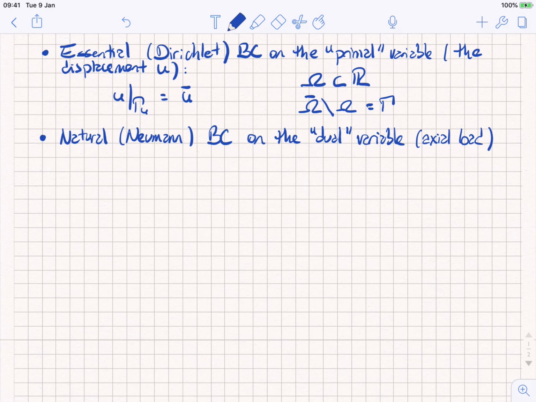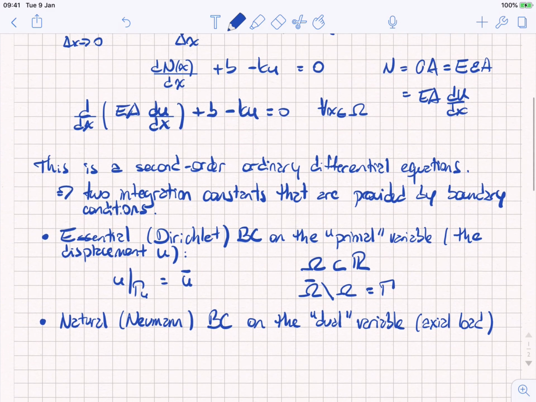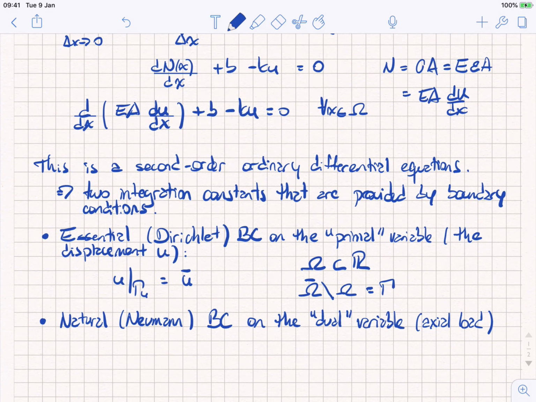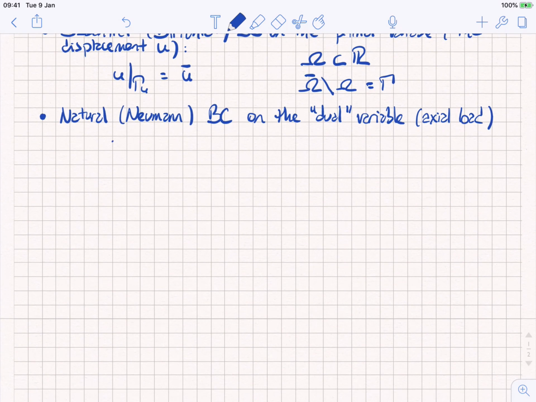The way we usually denote this: the force is EA du/dx. So what we're doing is prescribing EA du/dx at the part of the boundary gamma t, the symbol we use to denote the part of the boundary where you are applying the natural boundary condition. And this is equal to some value that you want to prescribe.